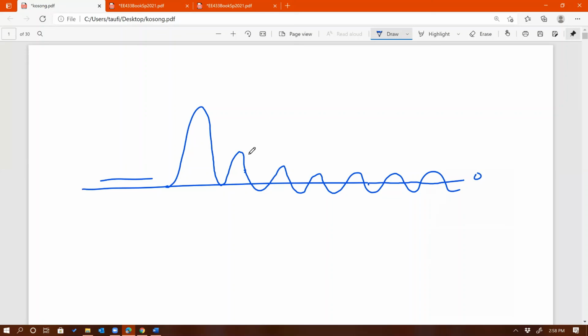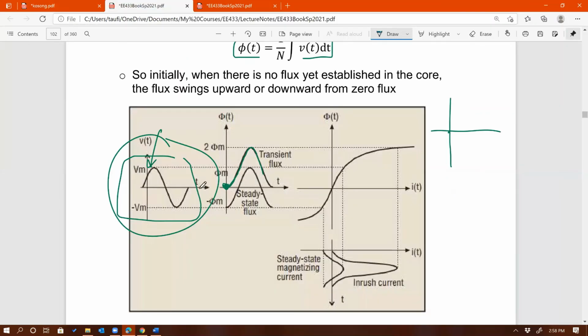In the beginning I kind of exaggerated the first one, but you see what I'm trying to say. At the beginning you have no flux, so it has an offset when it goes into the first cycle of the sine wave. It will have to have that offset, and then after some time that offset is gone. Once the core has established the flux, then in steady state you get this flux waveform in the core where the offset is gone.